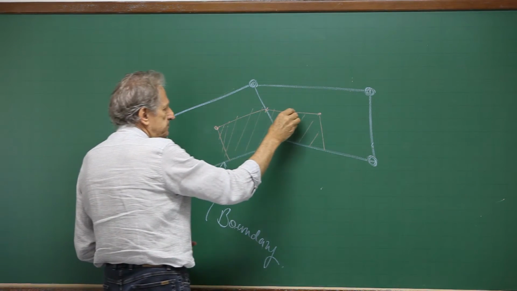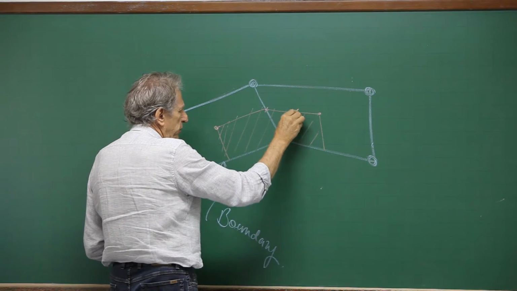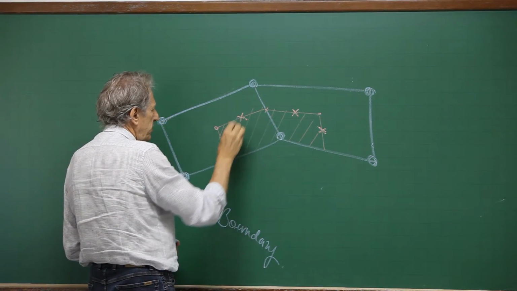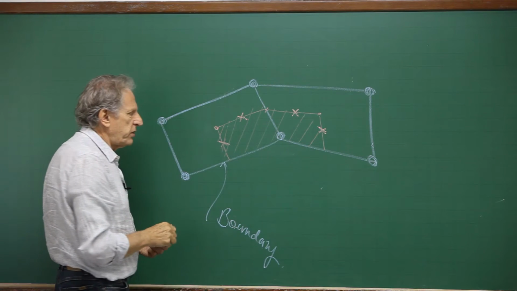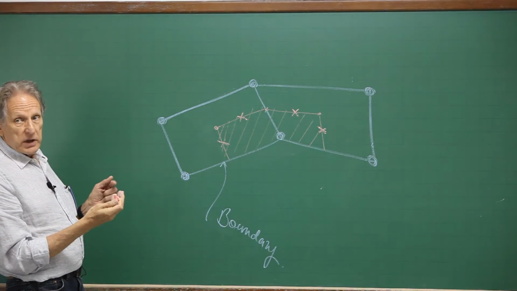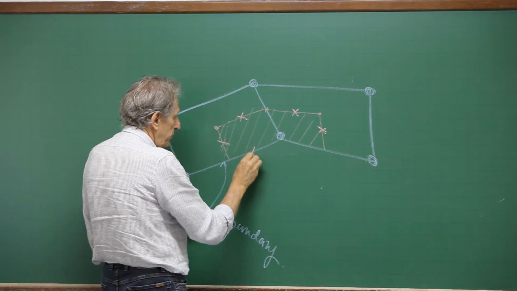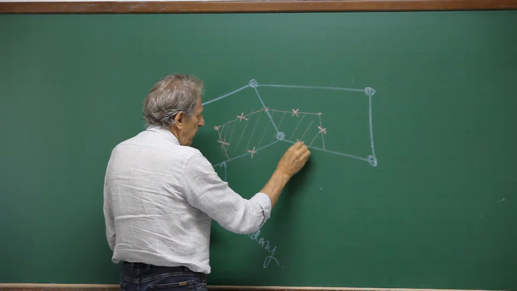This element has an integration point here, integration point there, integration point here, integration point there. I don't have the rest of the element. So my other integration point will be here and will be here.